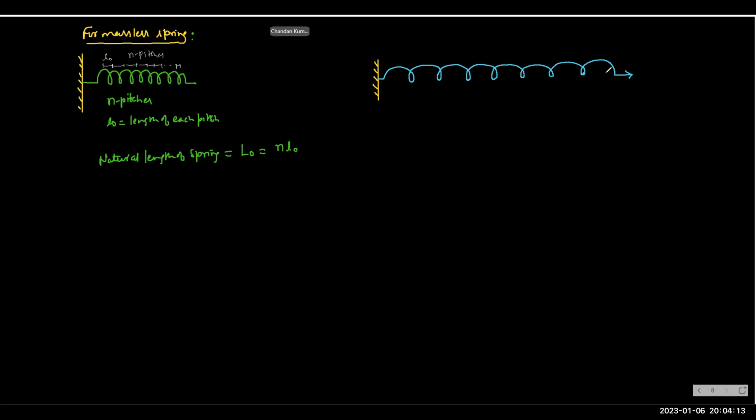Now this new length is due to the applied force. This is called the applied force. Someone is pulling it. And now the pitch will disturb. So the new pitch, I can call it L naught dash. Or better, I can say only L.